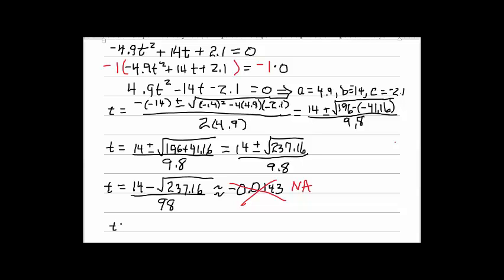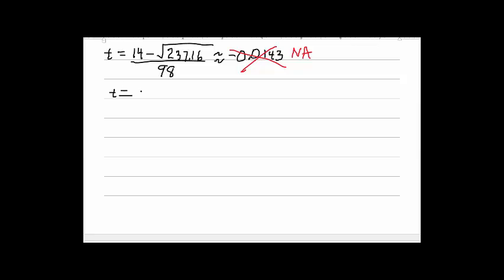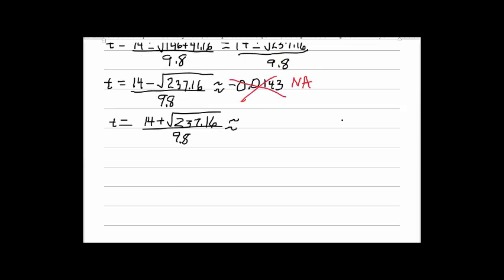Now I'm going to look at the solution where t equals 14 plus the square root of 237.16 divided by 9.8. We'll do that calculation. And in this denominator, of course, we have 9.8, not 98. We had that previously.